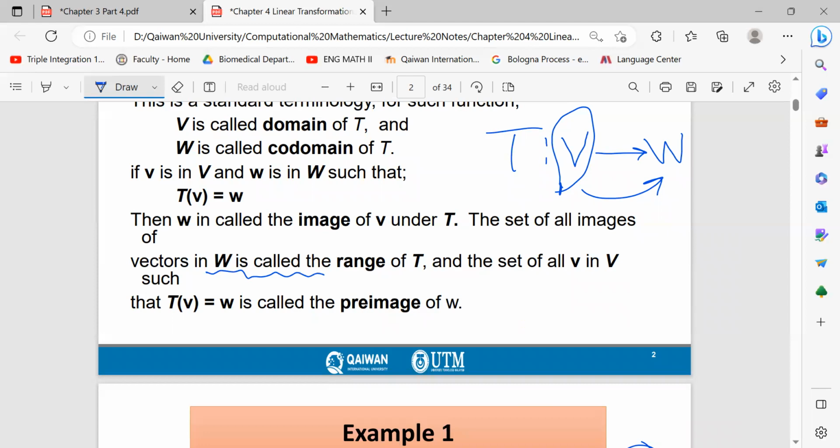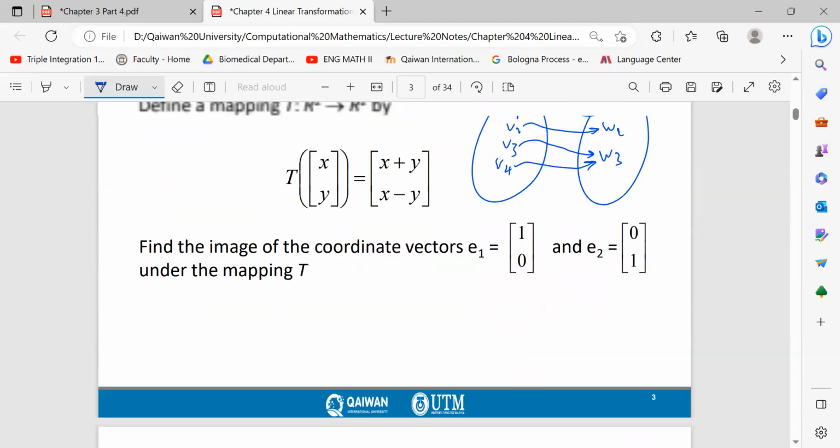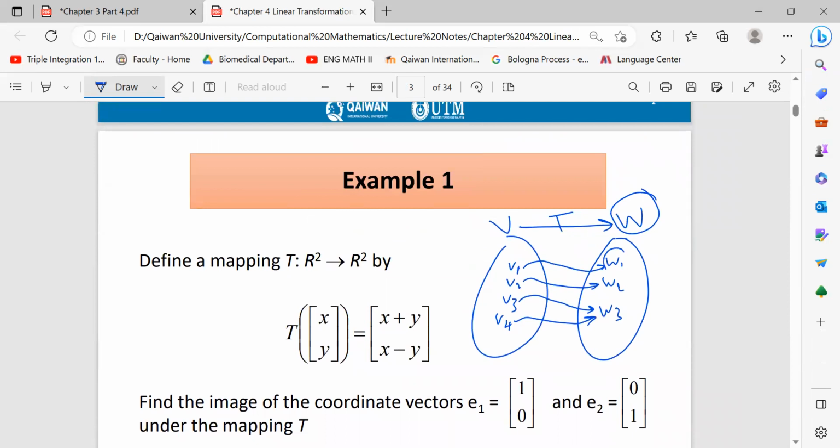The vectors in W are called the range of T. The set of all image vectors in W is called the range of T, and the set of all V in V such that T of V equals W, if T of V equals W, is called the pre-image of W. Here, the pre-image of W1 is V1.